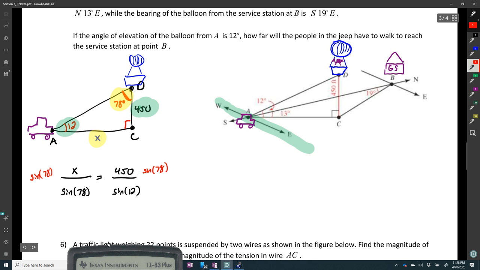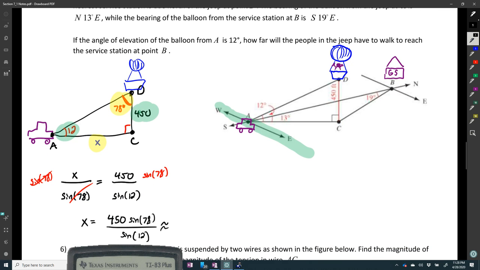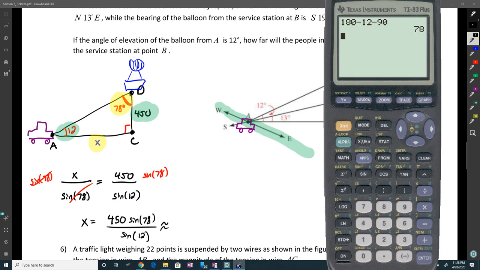So we get 450 sine of 78 over sine of 12. And we're going to round that to, I'll just do 1 or 2 decimal places.